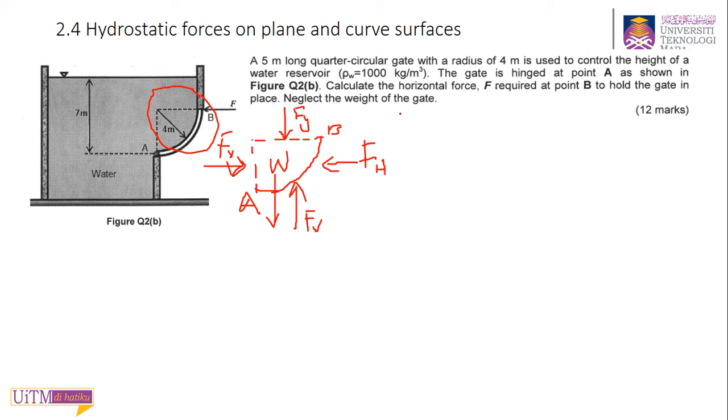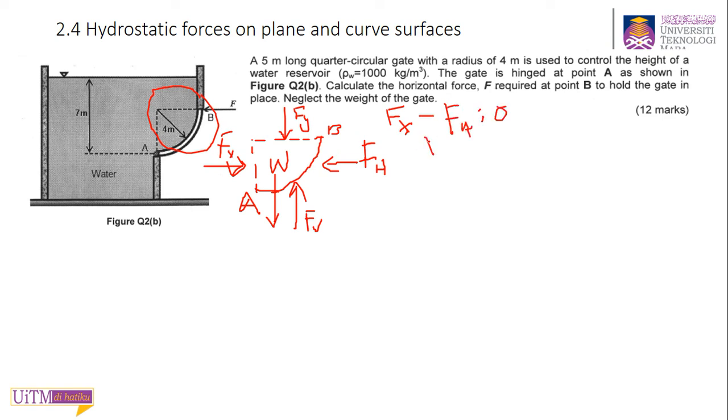Okay, now we do the summation of FX. Summation of FX: FX minus FH equals 0.